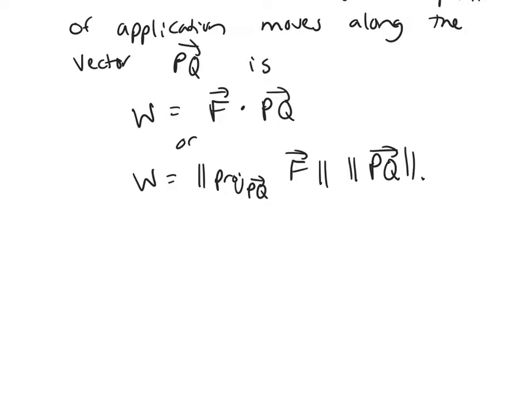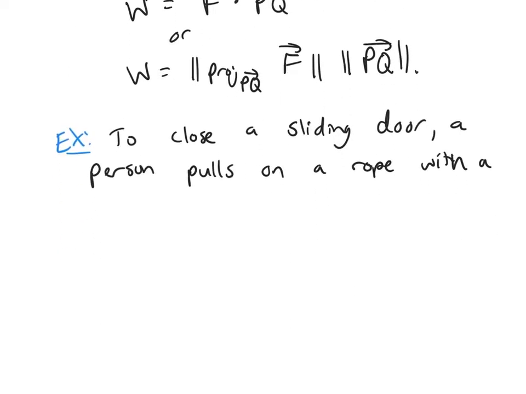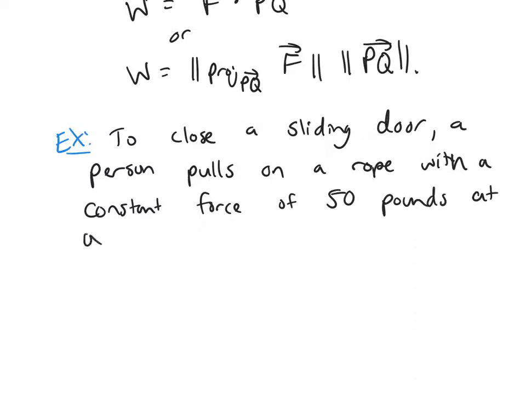So let's look at an example here. Let's say to close a sliding door, a person pulls on a rope with a constant force of 50 pounds at a constant angle of 60 degrees.